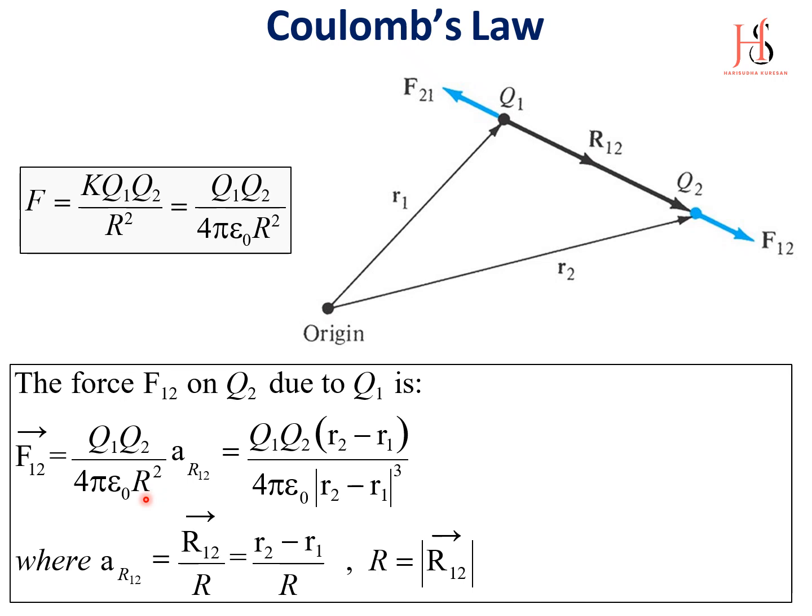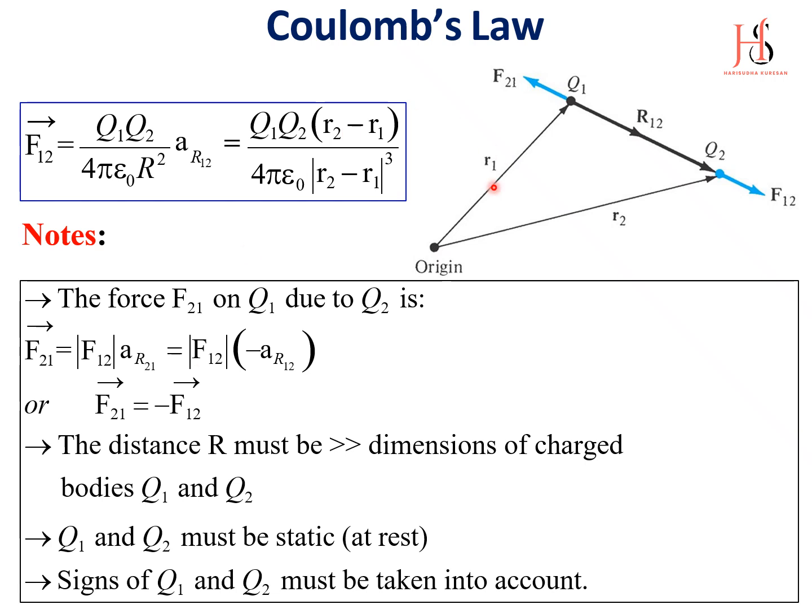One R square is already there, and therefore F12 is Q1 Q2 into R2 minus R1 divided by 4 pi epsilon naught magnitude of R2 minus R1 the whole cube, where the unit vector is nothing but R12 divided by R. R12 is nothing but R2 minus R1, and therefore we can write R is equal to the magnitude of R12.